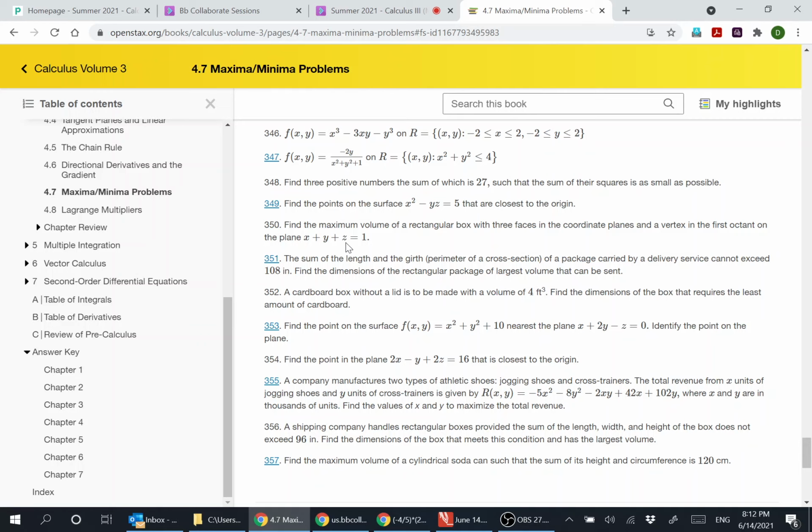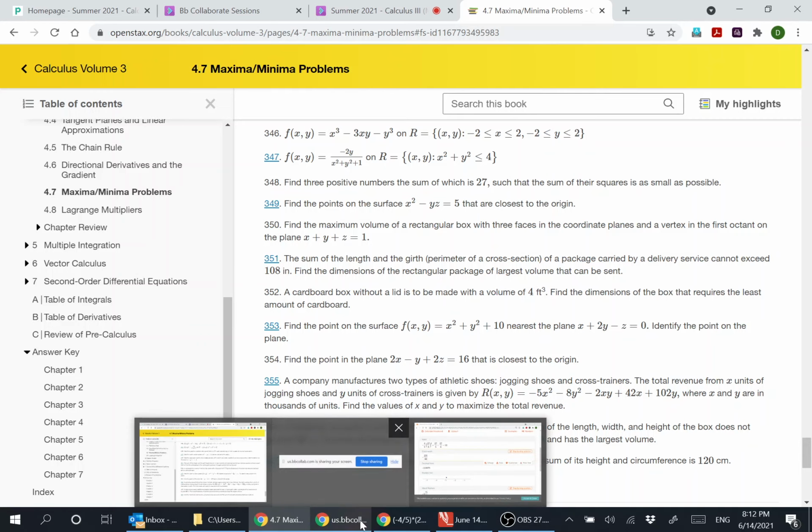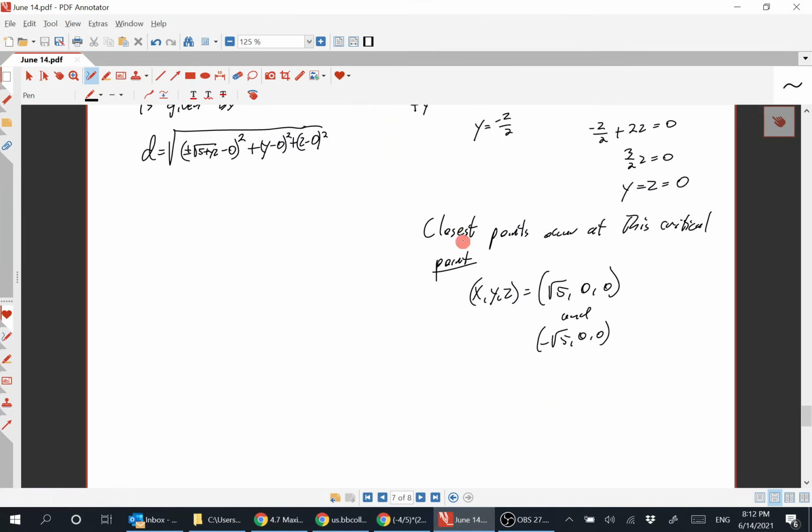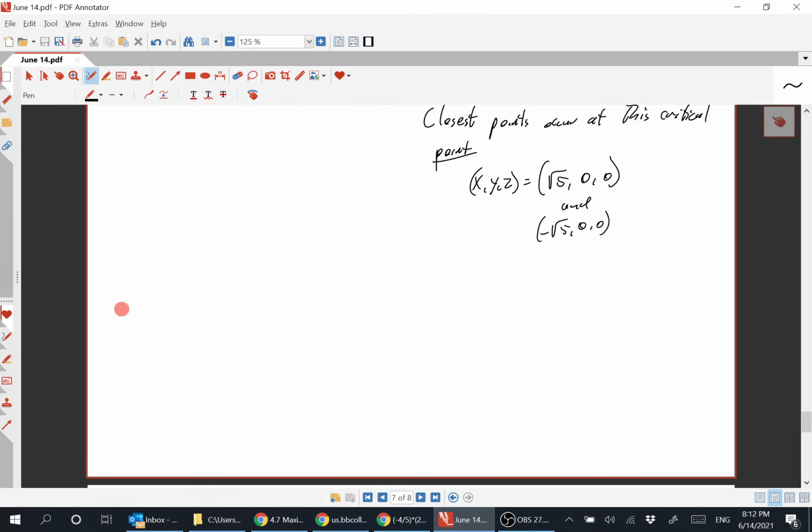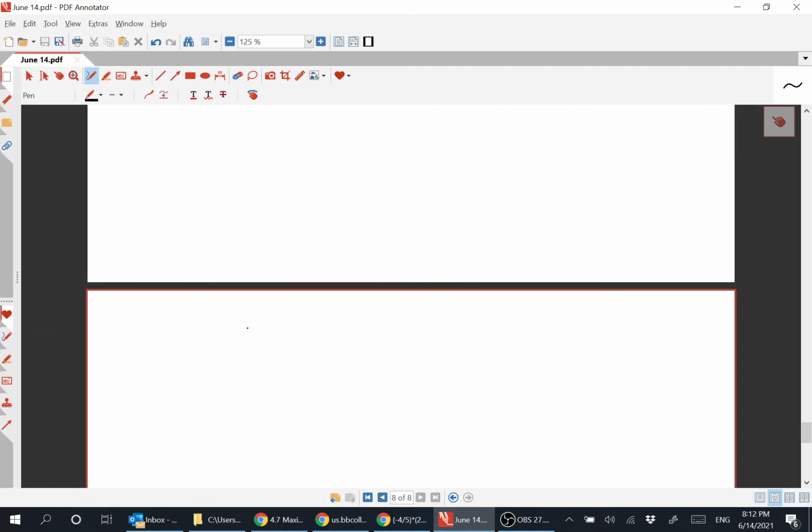Going back to this sort of classical problem from Calc 1. So in 352, we've got a cardboard box without a lid is to be made with a volume of 4 cubic feet. Find the dimensions of the box that require the least amount of cardboard. Okay, so 352.